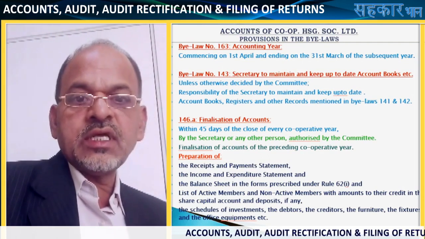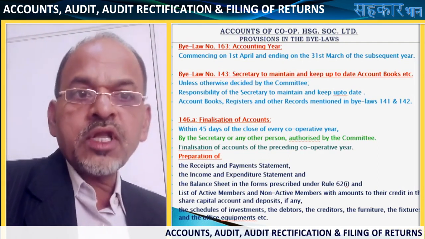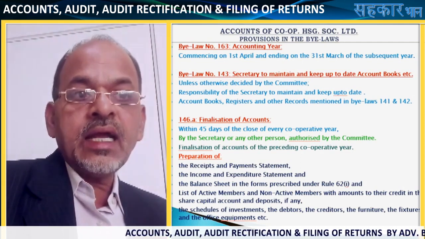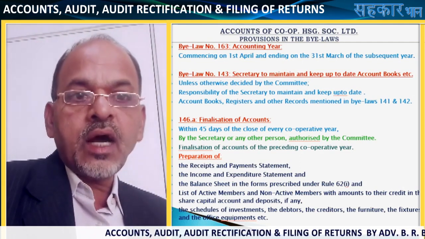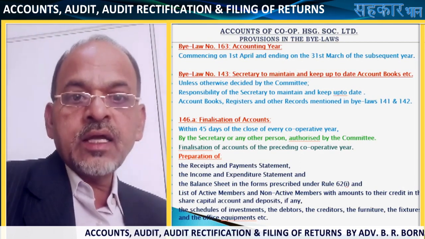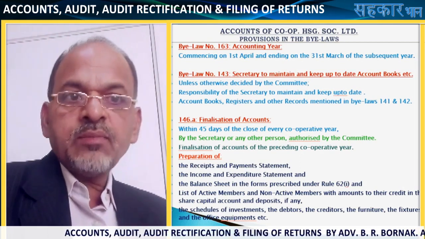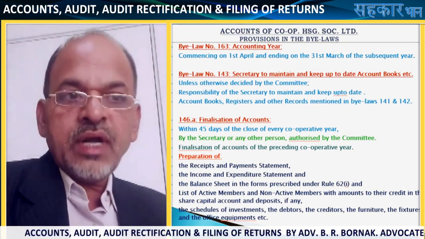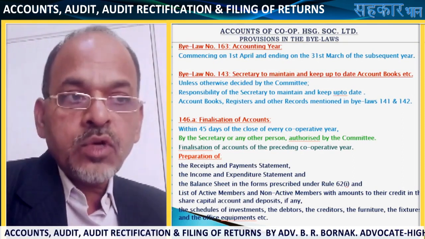It commences on 1st April and ends on 31st March of the subsequent year. It commences on 1st April of one year and it ends on 31st March of the subsequent year. This is the provision of bylaw number 163.